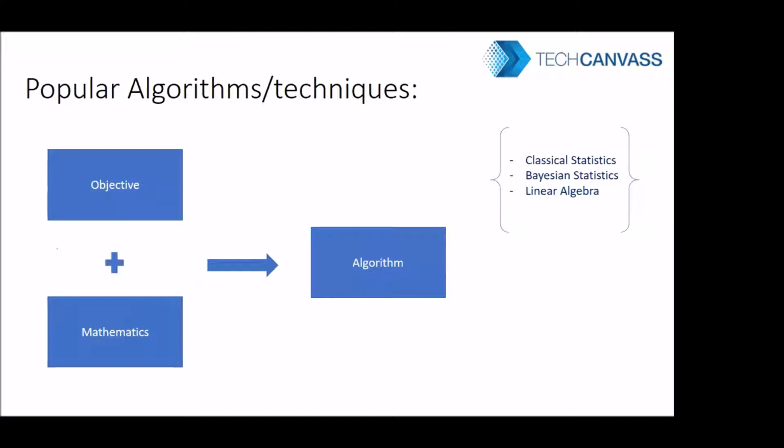On the statistical side, that branch is divided into 2 mainstreams. One is classical statistics, where you run all the classical statistical tests on data sets, and the second one, which evolved later, is the Bayesian method of doing it.